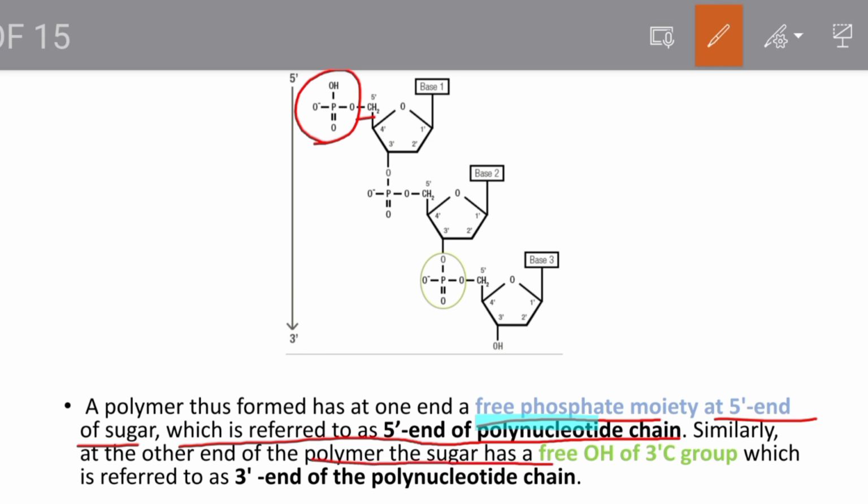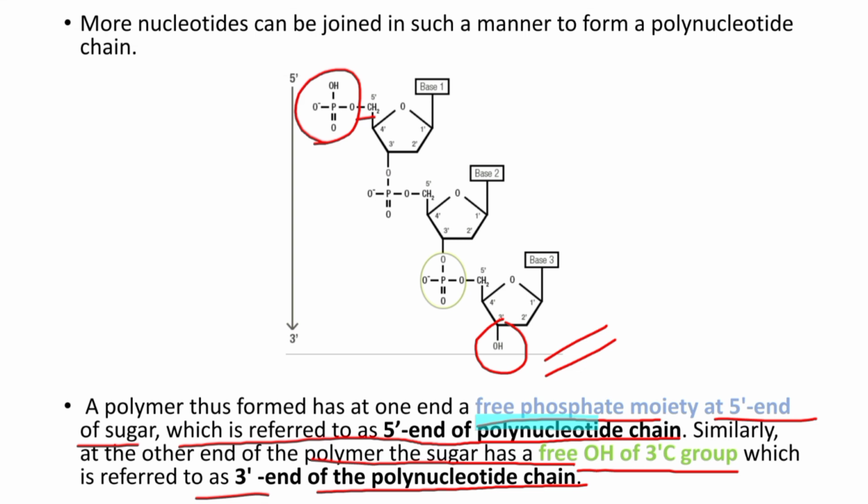Similarly, at the other end of polymer, the sugar has free OH group at 3' carbon or at third carbon, which is referred to as 3' end of polynucleotide chain. So here you can see there is free OH group at 3' end of this chain.